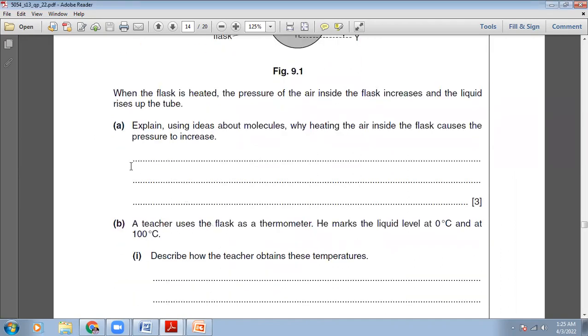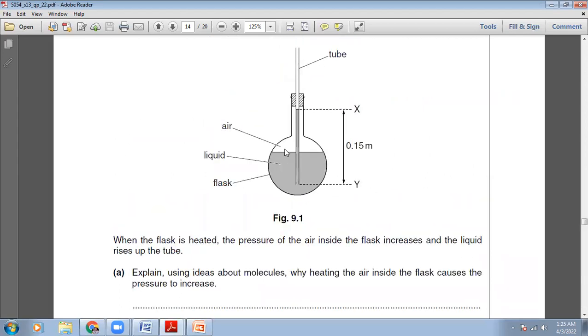When the flask is heated, the pressure of the air inside the flask increases and the liquid rises up the tube. Explain using ideas about molecules why heating the air inside the flask causes the pressure to increase. You see, when you heat this flask, the molecules of the air will start moving faster. So their kinetic energy will increase.